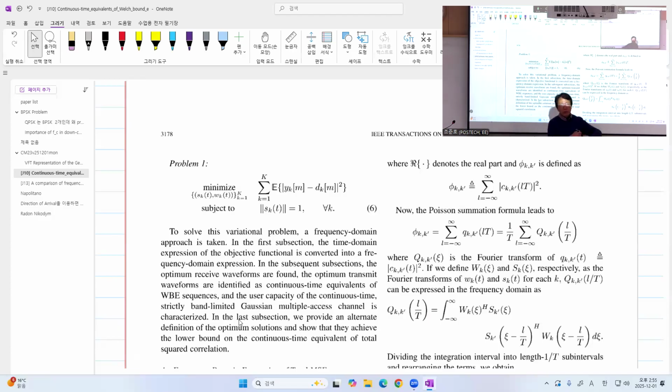Then let me ask you a question. What's the difference between this problem and that 2004 paper, where we wanted to perform joint transmit and receive waveform optimization? What's the difference? There, we assumed the received signal is corrupted by noise plus cyclostationary interference. So the situation may be the same. We may target a single user in that case.